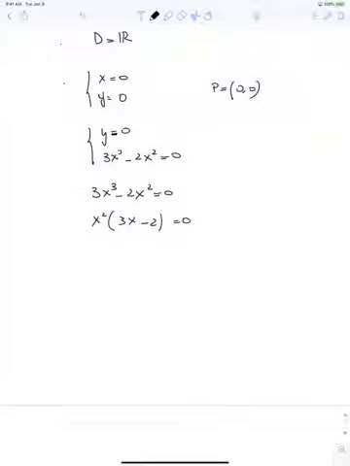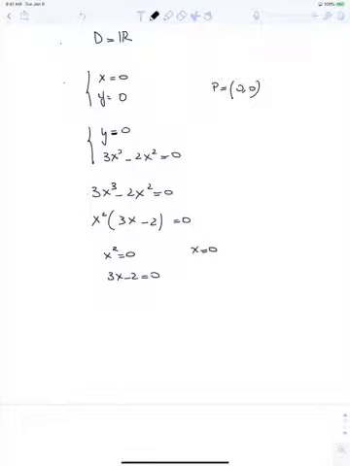Now x squared is equal to 0, or 3x minus 2 is equal to 0. x squared equals 0 means that x is equal to 0, which is exactly the solution that we found before. And 3x minus 2 equals 0 means that x is equal to 2 divided by 3.